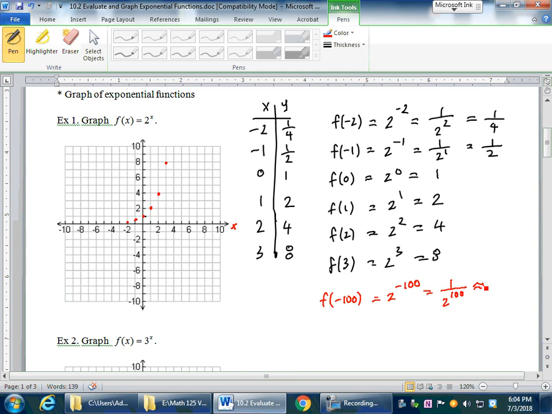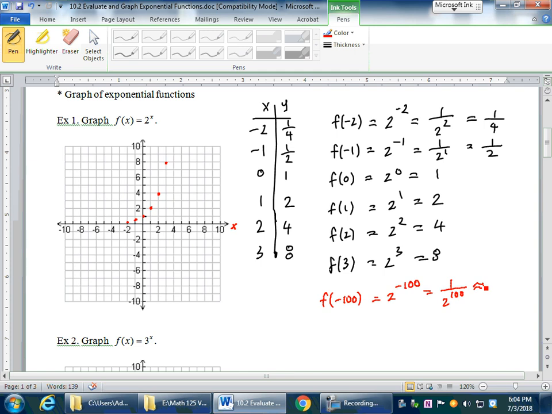Try to use a calculator and calculate 1 over 2 to the 100 power, and you will see that it's very, very close to zero. What that means is, as you plug in a negative x value, your y value will be very, very small. However, my y value will never become 0, because the numerator is always 1 and it will never be 0.